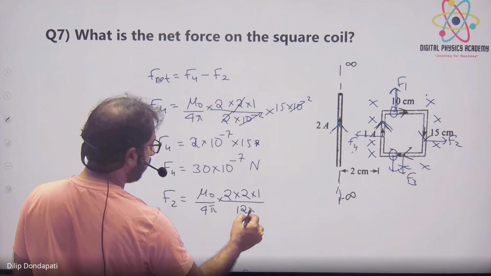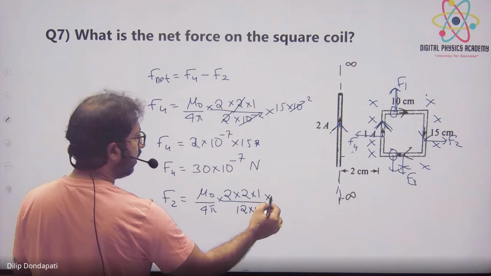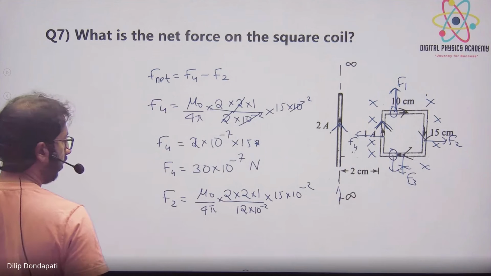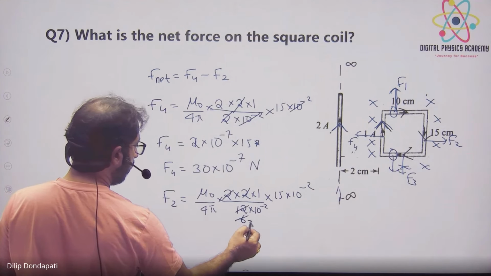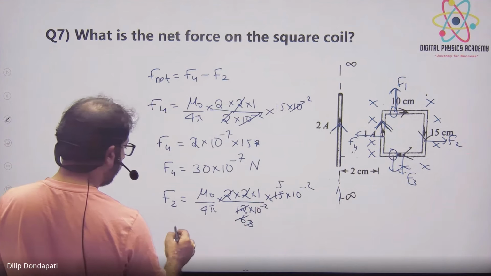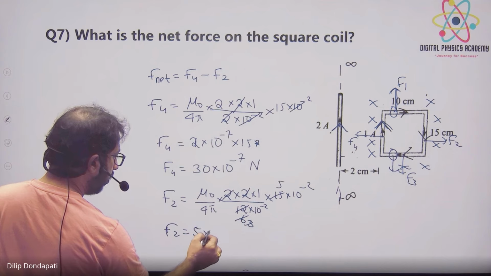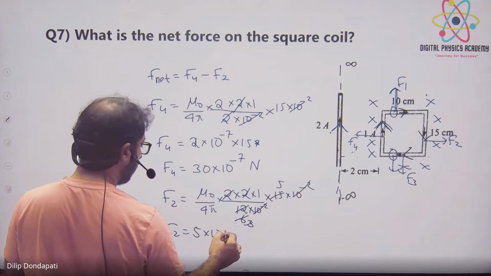From here to here 12. Into length is 15 into 10 to the power minus 2. So F2 is equal to 5 into 10 to the power of minus 7.